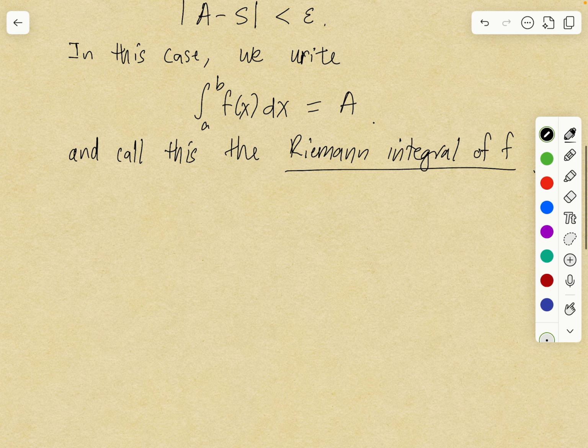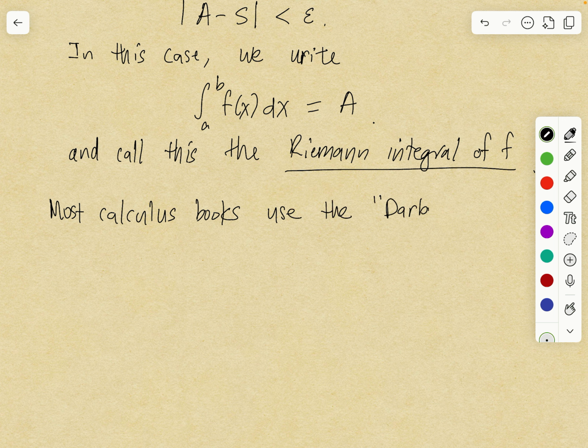So most calculus books use the Darboux integral. But they call a function that is Darboux integrable a Riemann integrable function, or they just call it integrable.